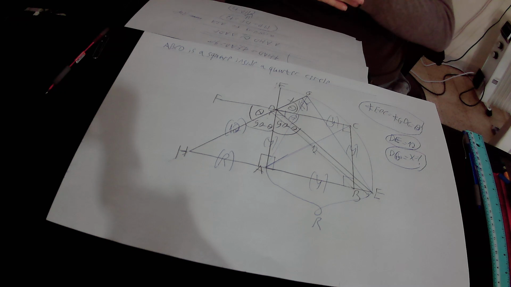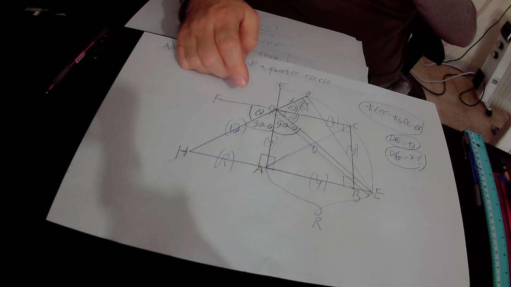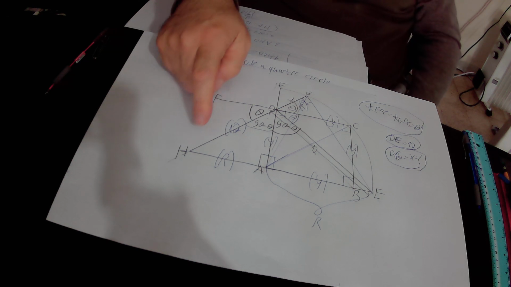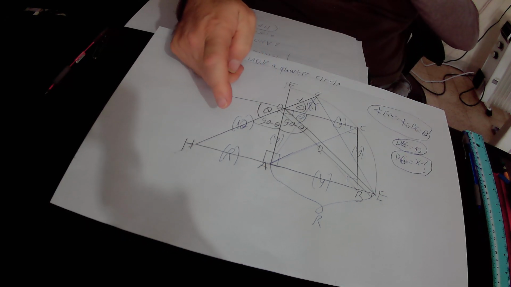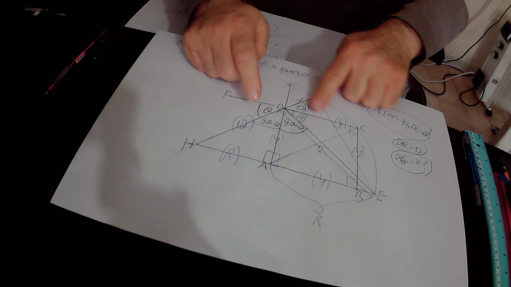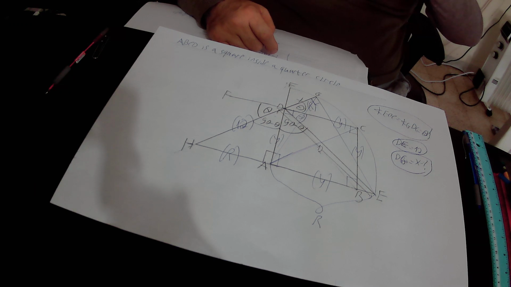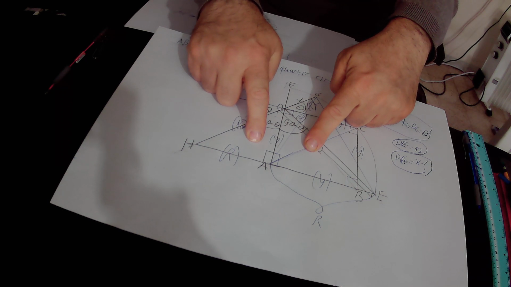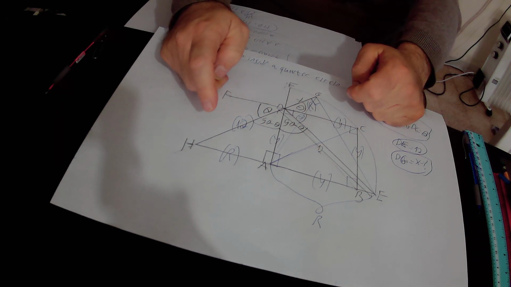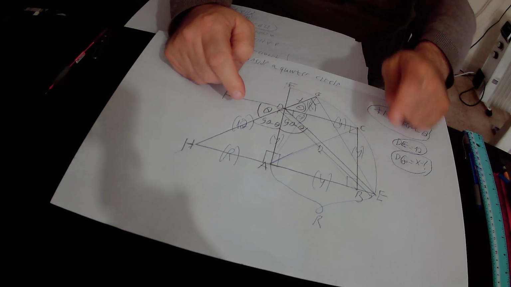And from the fact that those two right triangles are congruent, we derive that side HD in the right triangle AHD is equal to side DE in the right triangle ADE, according to the rule that corresponding sides in congruent triangles are equal to each other. Those two right triangles are congruent, therefore the corresponding sides, that is to say HD and DE, must also be equal to each other.